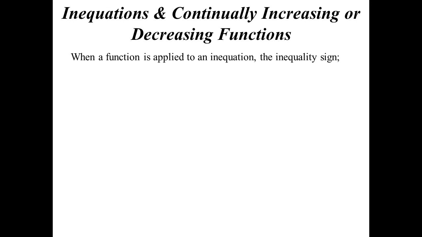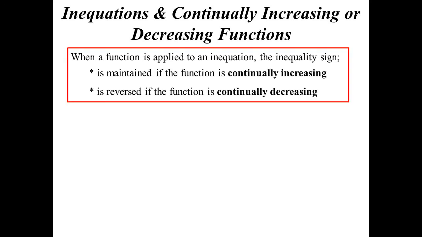In inequations, we're talking about continually increasing or continually decreasing functions. So when a function is applied to an inequation, that inequality sign will be preserved or maintained if the function is continually increasing. The sign will change if the function is continually decreasing.